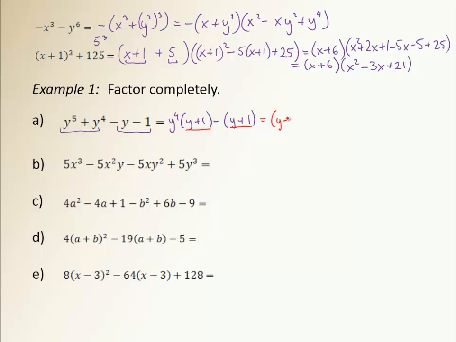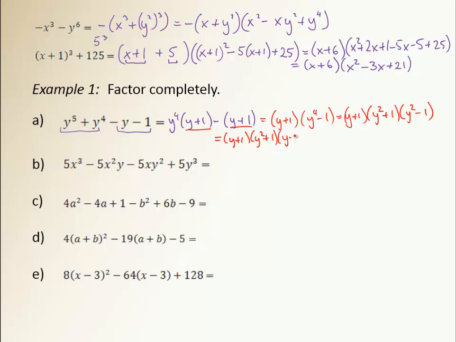Take it out. What's in is y to the 4 minus 1, which can be considered as difference of squares, so you can factor it further into y plus 1, and y squared plus 1 and y squared minus 1. And finally, this is again difference of squares, so you end up with y plus 1, y squared plus 1, that's the copy part.